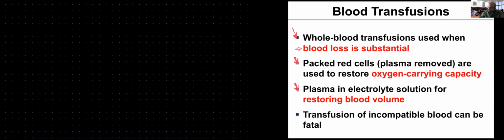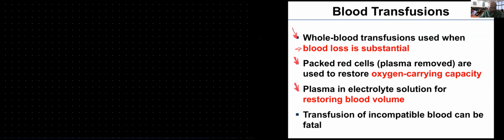Also, in some cases, I might consider giving patients just plasma, especially if they have missing coagulation factors, for example, like having hemophilia. So I will only need to give them plasma that contains the different plasma proteins rather than giving them a whole blood transfusion because this might cause an iron overload. Remember, iron is recycled. You don't get rid of the iron.